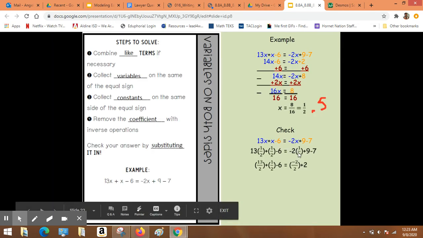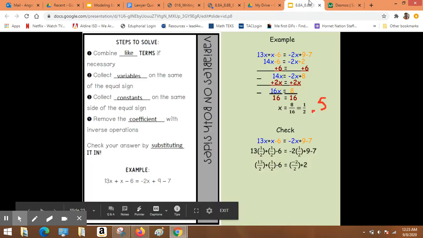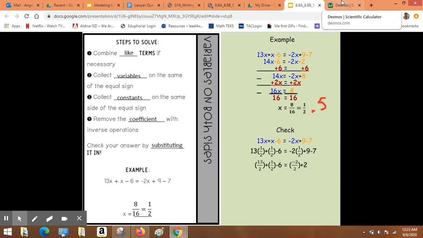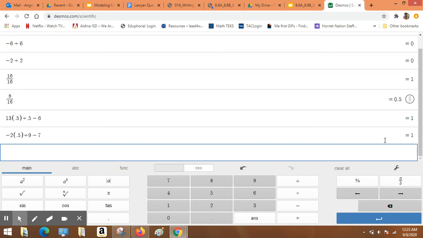And then I have to do the same thing to the other side. So -2, and remember, they have to equal the same. So -2 times -2.5 plus 9 minus 7 gives me 1.